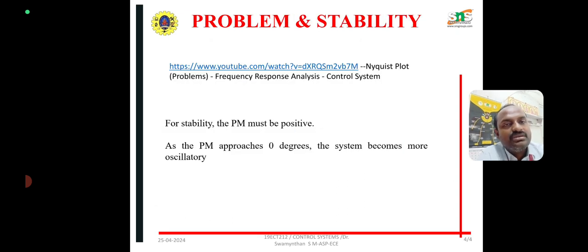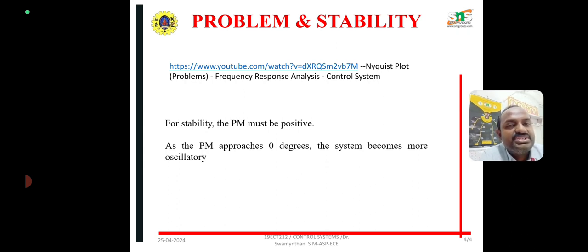And next, for the Nyquist plot, for the frequency response analysis, we have a link which is available in this slide. For stability, you must know the phase margin must be positive. Then only will the system be in the stable condition.